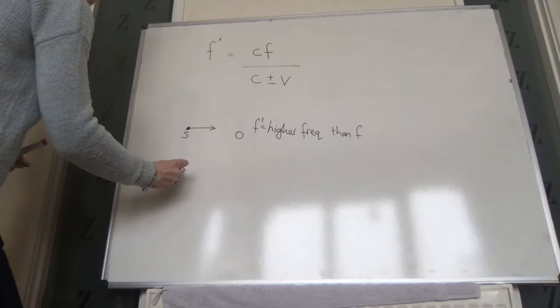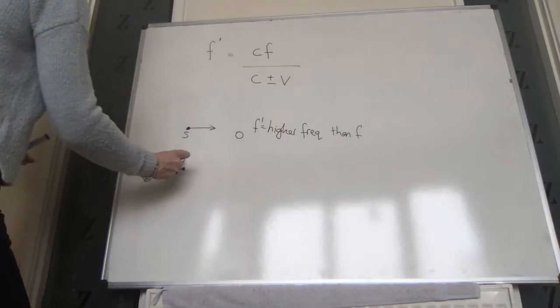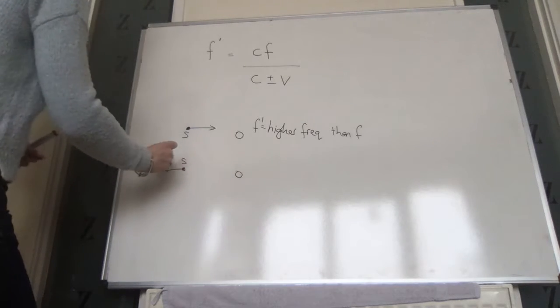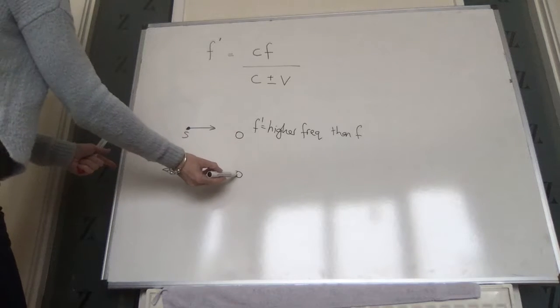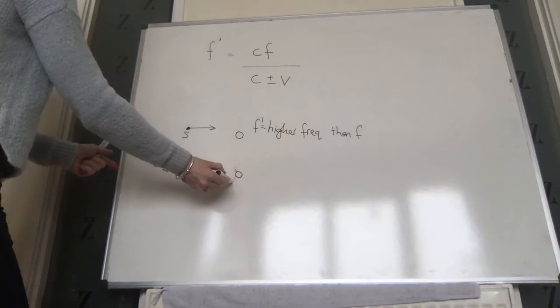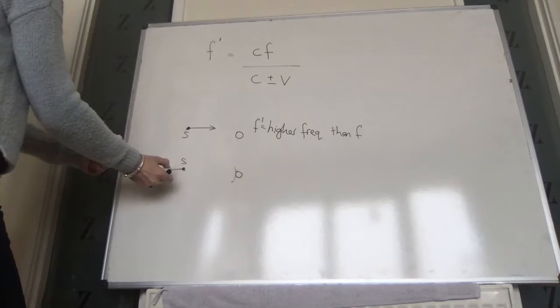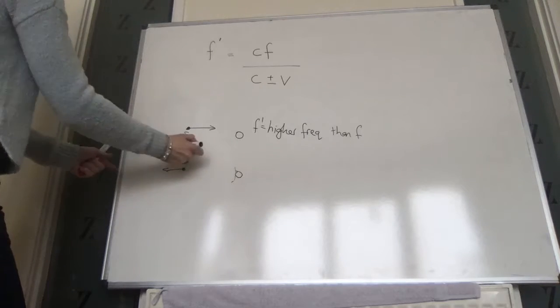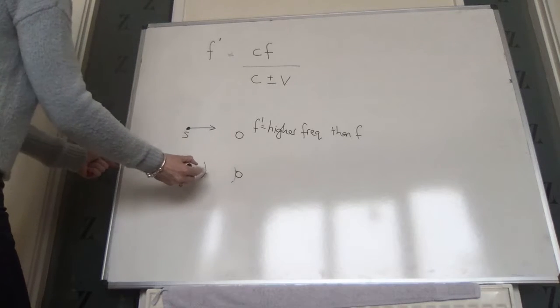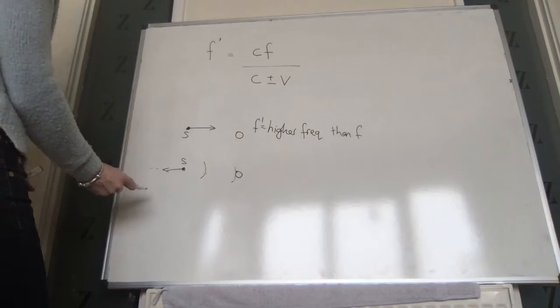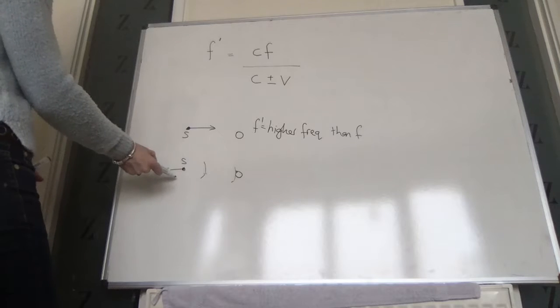If the source is moving away from the observer, then the waves will get further apart. For the observer, he will experience a wave coming, but because the next wave that's emitted is going to be when the source has moved this way, he's going to perceive a larger distance between waves than actually is occurring in terms of what's being emitted.